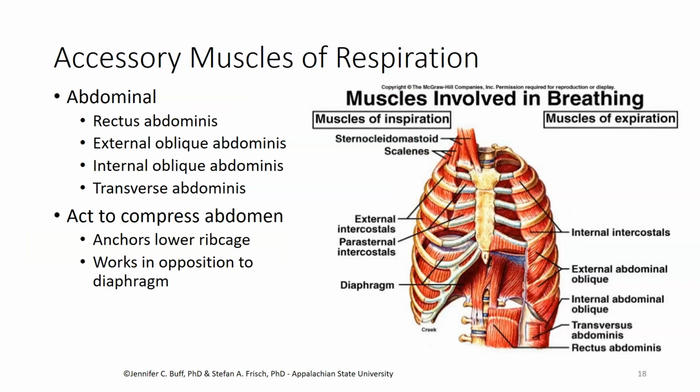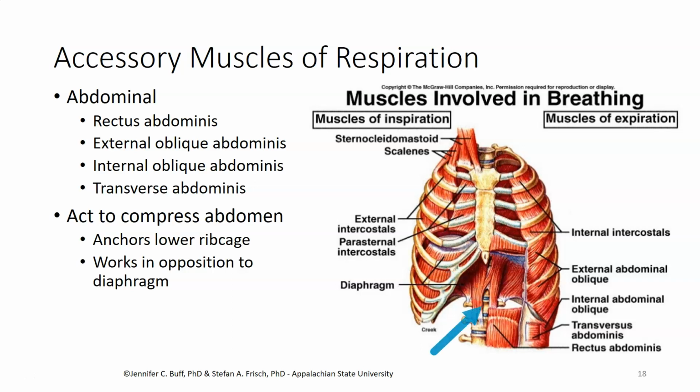Abdominal muscles can also help with expiration indirectly by compressing the material in the abdominal cavity. They also help anchor the lower rib cage and therefore work in opposition to the diaphragm muscle. The abdominal muscles include the rectus abdominis, which courses up and down, the external oblique abdominis, which courses from the upper sides of the abdominal cavity and the lower edge of the rib cage toward the center of the abdomen, which has a central tendon as well.